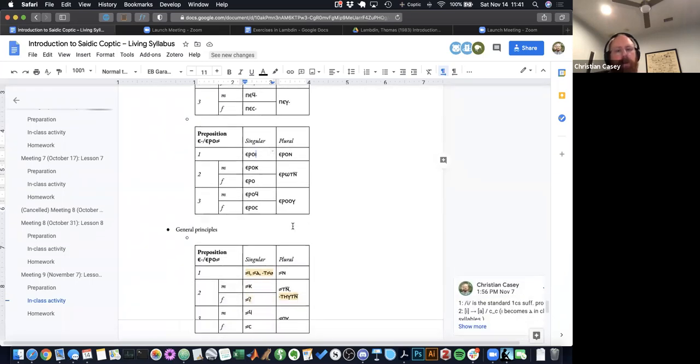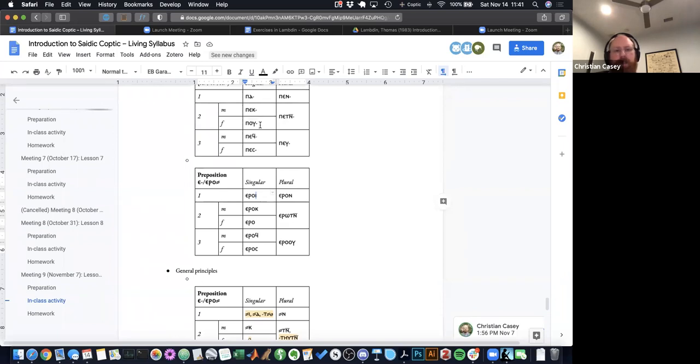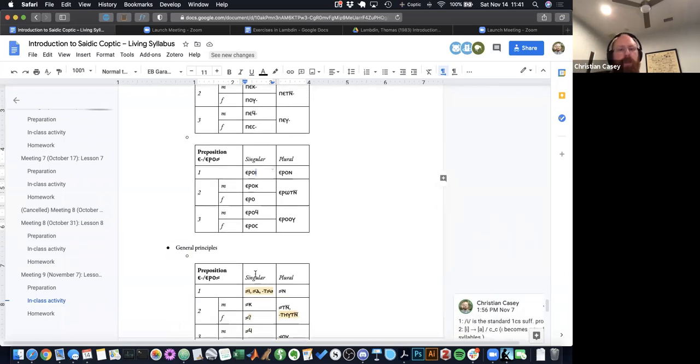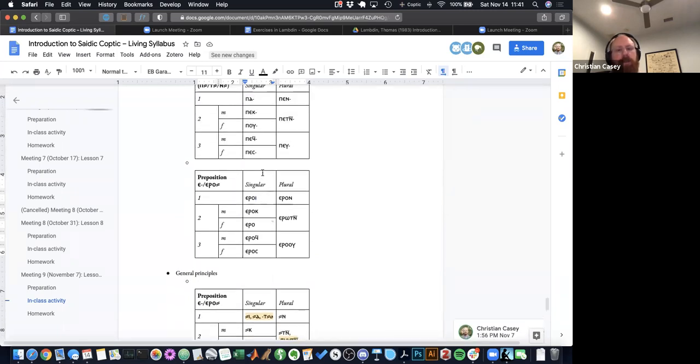So our remaining weirdness for what we've seen so far pertains to the second person feminine singular, which, as I've said before, was originally a T sound that was then unpronounced. So it changed into a glottal stop. So really, by the time of Coptic, the marker of the second person feminine singular is a glottal stop, and that just emerges in different ways.